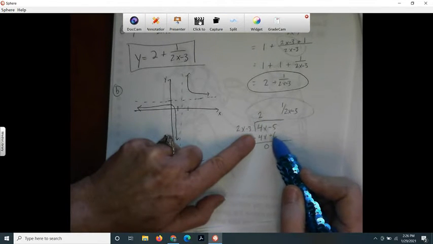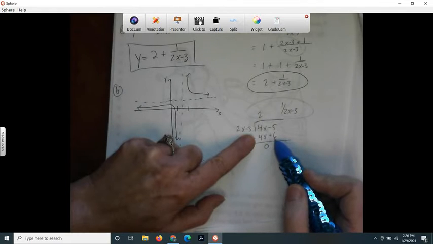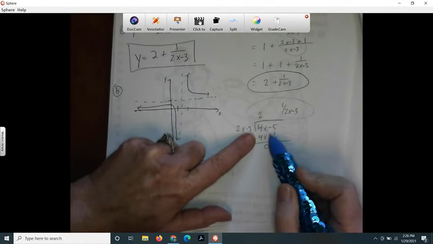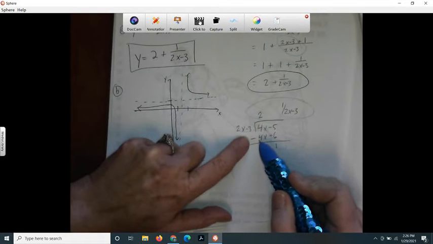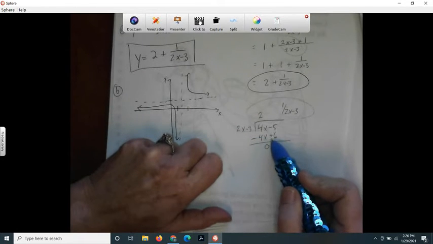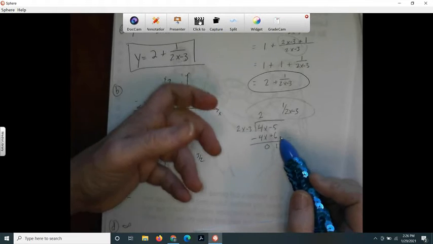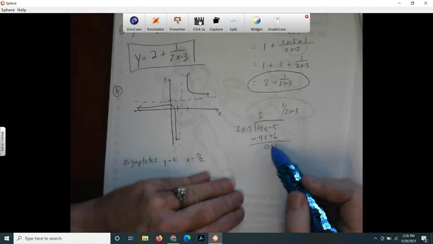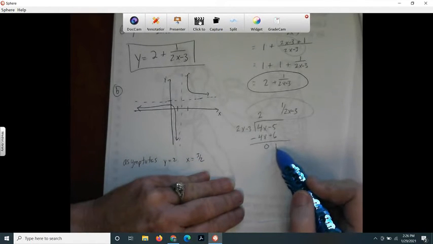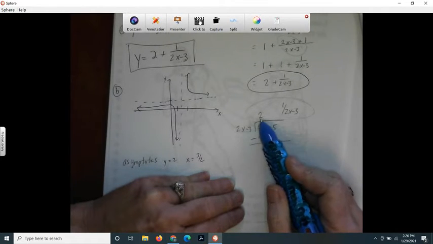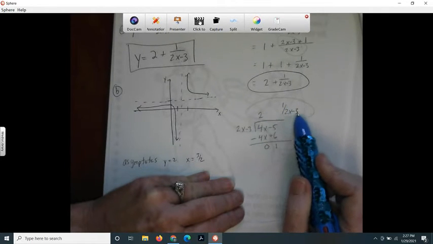It was actually -6 over here. But since I want to subtract my 4x minus 6, I change the signs. So then it becomes -4x plus 6. Because really I'm subtracting, I'm adding opposites. So I've got 1. That's my remainder. So that got me there a little bit quicker. I got 2 plus 1 over 2x minus 3.